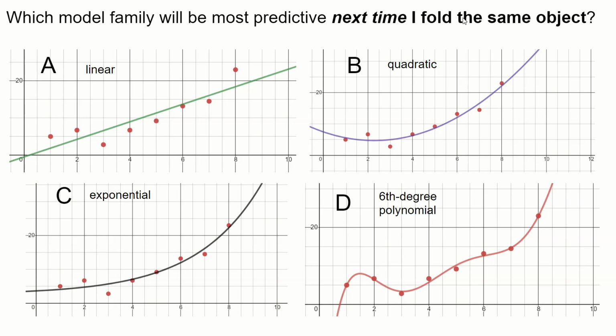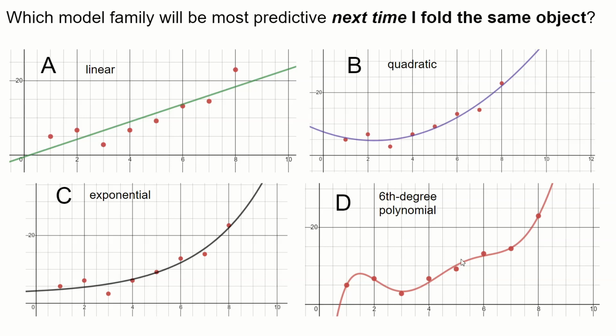Very similar: the next time I fold the same object, I'm not trying to extrapolate beyond the data I've collected. I still want to predict how long it is going to take my fourth fold, or my sixth fold. So I'm still predicting in the domain of the data that I've collected. But again, you wouldn't want to choose the sixth degree polynomial because we've overfit the particular observations that we made only once.